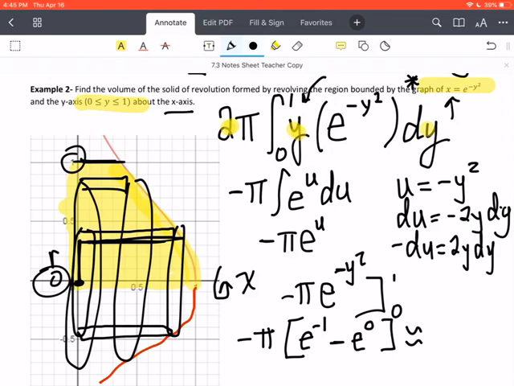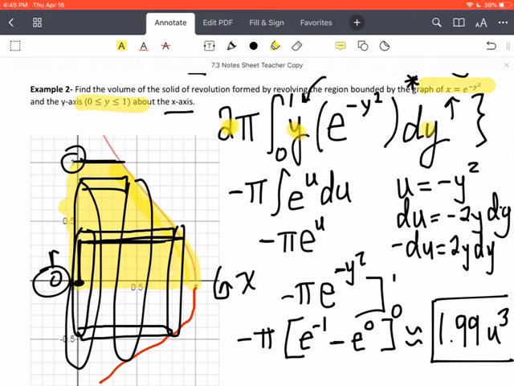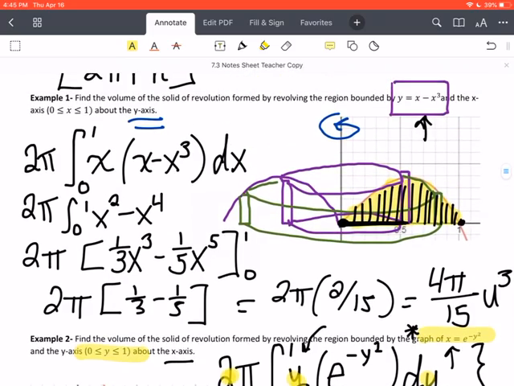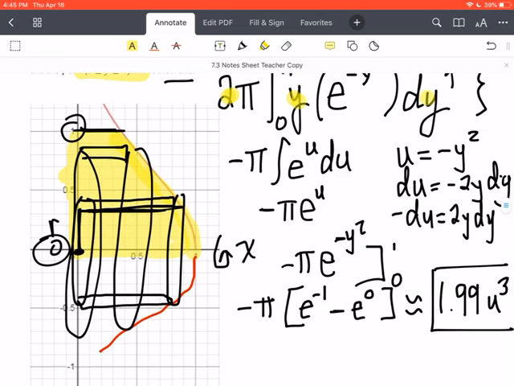When you multiply by negative pi, you are going to get 1.99 units cubed. Don't stress about all of the integrating. Like I said, if you plug this into your calculator with the proper limits, you will get this answer out. So focus on this new formula that we have to use with our y-axis revolution and our x-axis revolution.